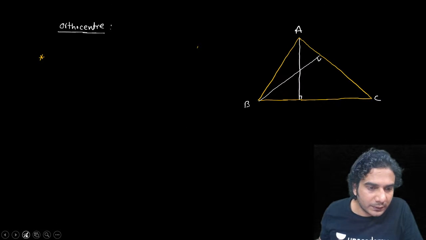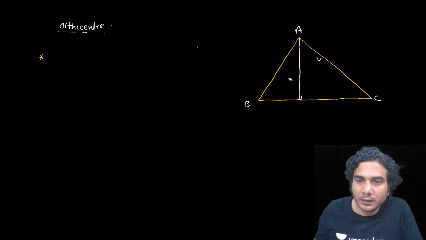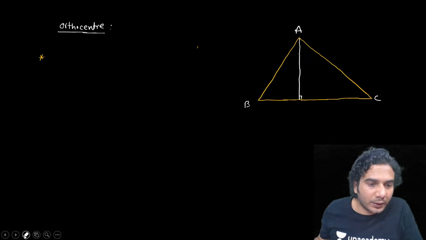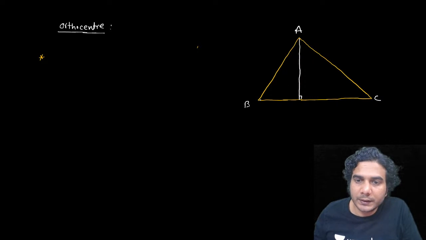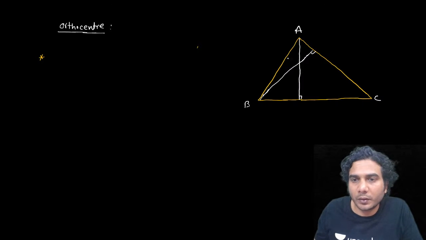Let me just draw it again. So this is another altitude. Now it is looking like an altitude, and this is the third altitude. So you can see all three altitudes are passing through a point. That means they are concurrent at a point.